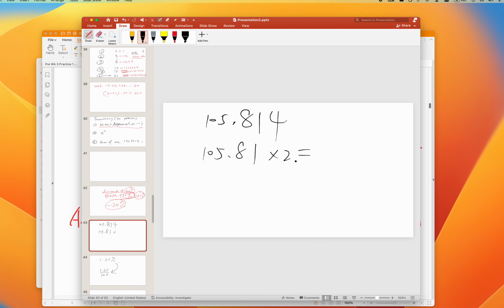Then if you times the 2, what do you get? 211.62. Can you times 2 here and see what you get? So now the question is, should you round off before times 2? No. Why not? Because that way it's not going to give us the full answer.